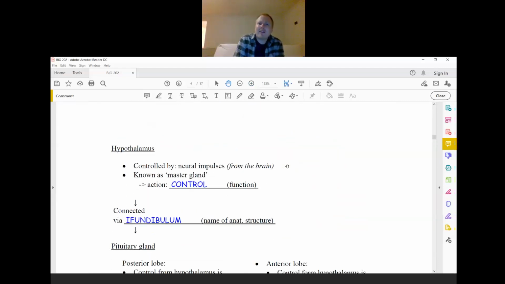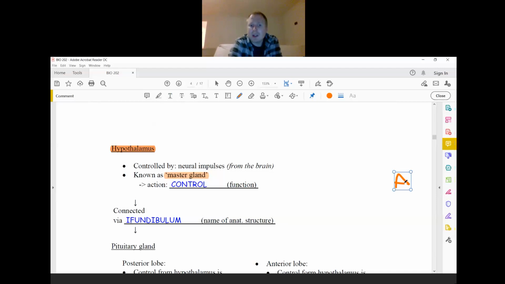The reason why we start with the hypothalamus is that it's considered the master gland. The hypothalamus controls the majority of the other endocrine glands. So often for that reason, we've given it the nickname that it is in charge of all of the endocrine system. And if we do a quick diagram, I'm drawing here a cross section through the brain.